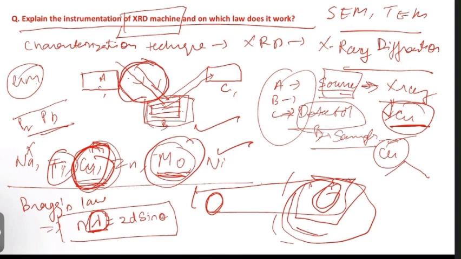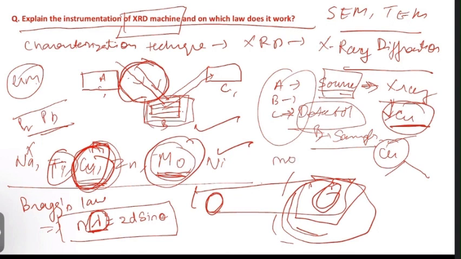Like the light passes through and it will spray on that sample, it will reflect on that sample. Through a lens, it will be sent to that sample. Yes, light is sent.